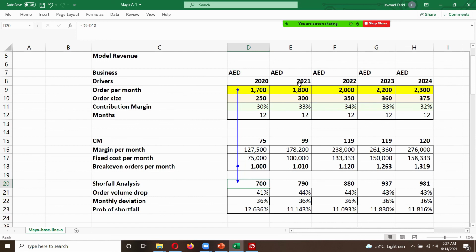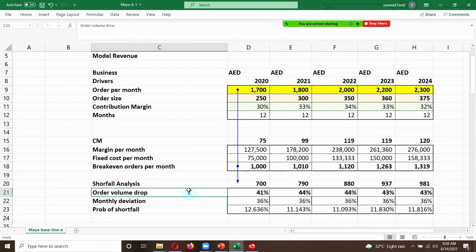That probability, the fact that this can happen, to calculate that, we need to convert this into a percentage drop. So if you think in terms of this order volume drop, 41, 44, 43, 43, right?